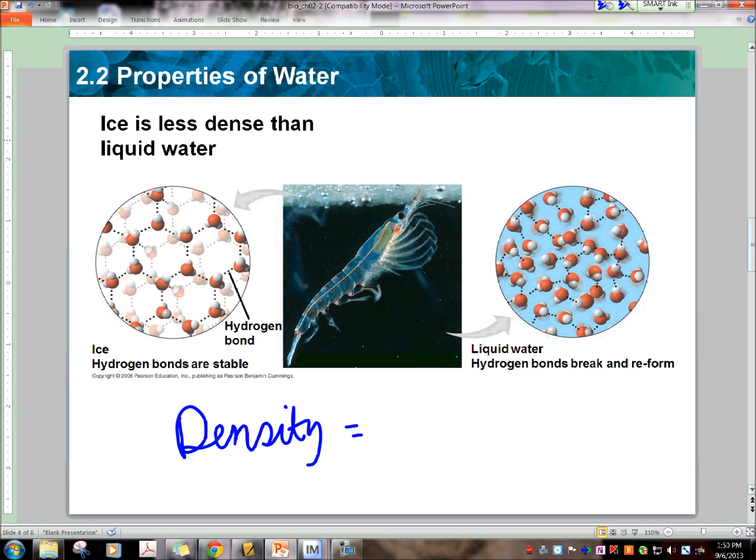So density equals mass over volume. If we were going to give it units, what's the unit of mass? Grams. And a typical unit for volume? Liter, but we normally do it in smaller amounts, so grams over milliliters.